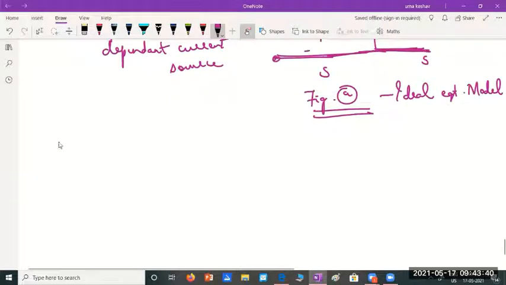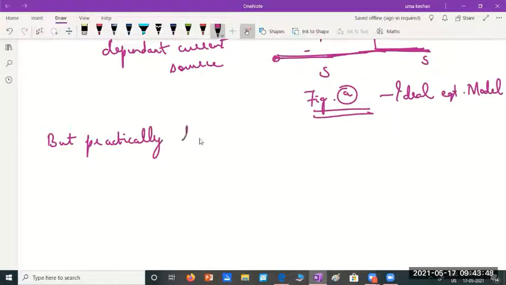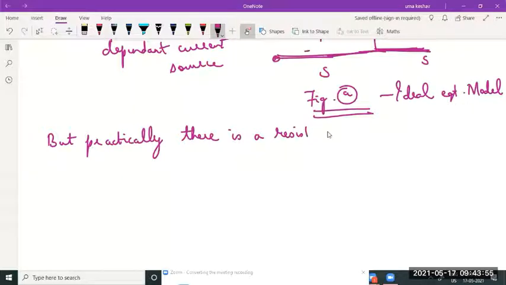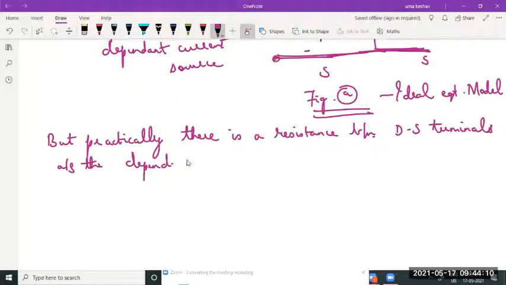But what happens practically? There is a resistance between drain and source terminals, across the dependent current source. So remember, I have a dependent current source here.